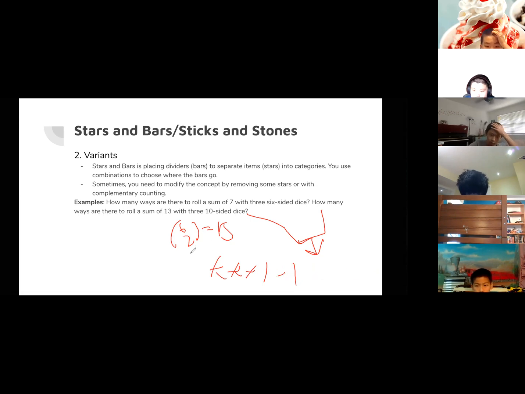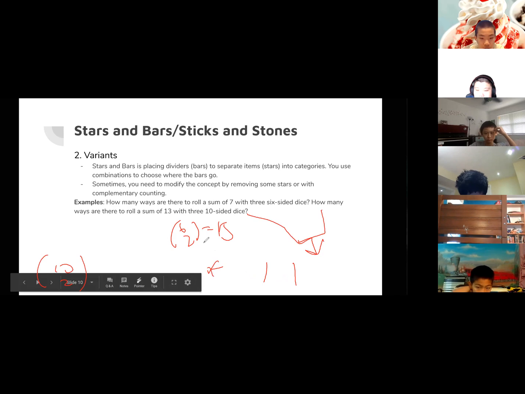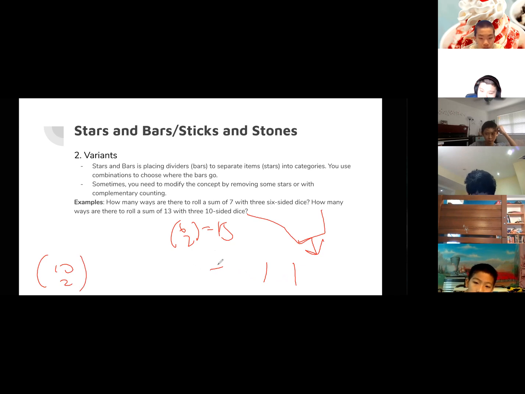Well, not exactly, because again, like before, you have to worry about going over. In this case, it is actually possible to go over. The only way you can go over is to have all 10 in the same box. If you have 9 stars in one group and one in another, this is still a valid roll.